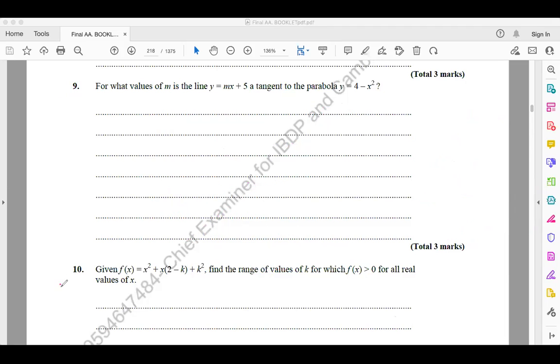Next up is a quadratic, which is f of x equals x squared plus (2 minus k) times x plus k squared, and we need to find the range of k values for which the function f of x is greater than 0.